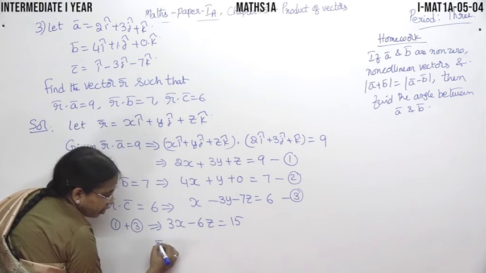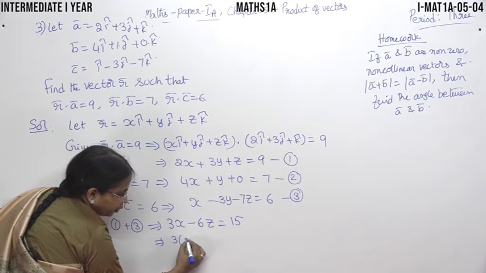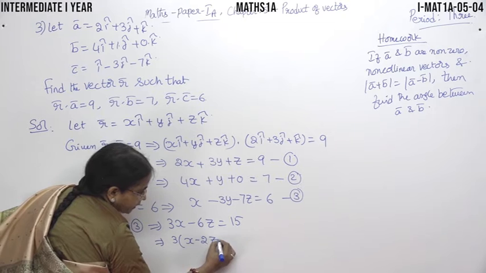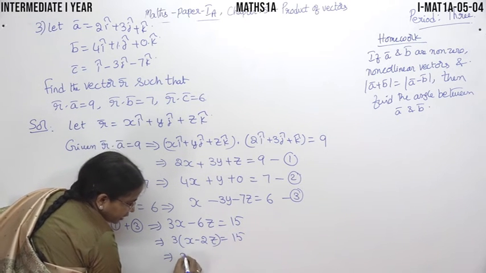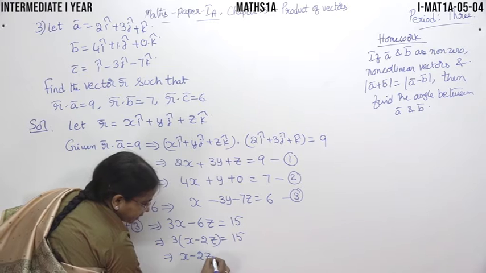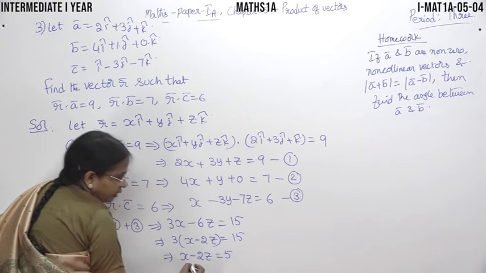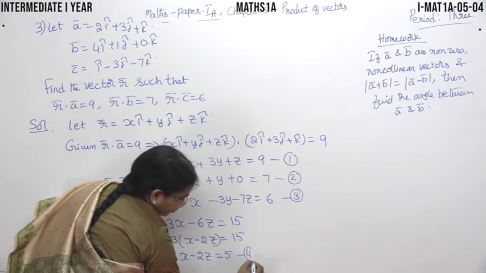You can take 3 common and cancel: 3 into x minus 2z is equal to 15. So 3 gets cancelled, and it is x minus 2z is equal to 5. So this is equation 4.